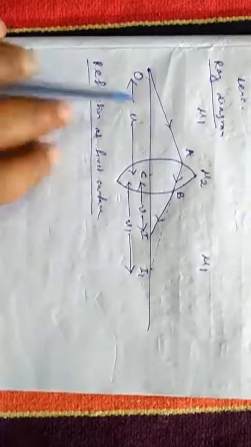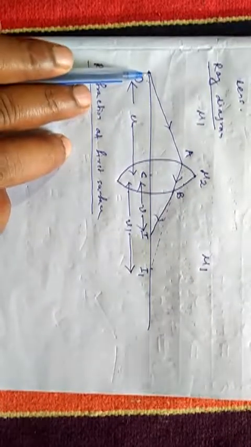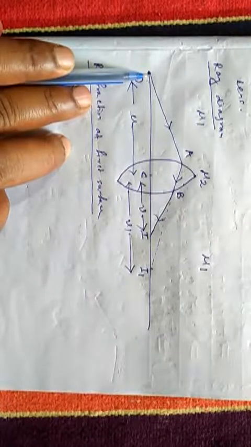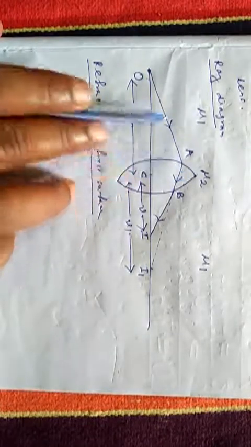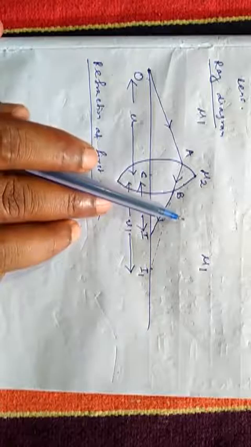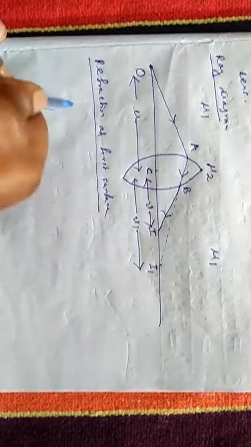Here the object lies in the air medium and refraction takes place from rarer to denser medium.